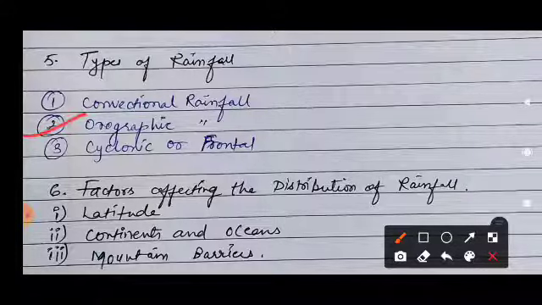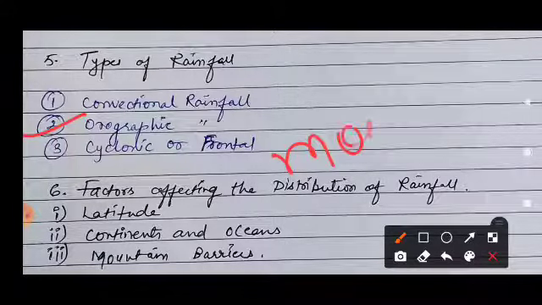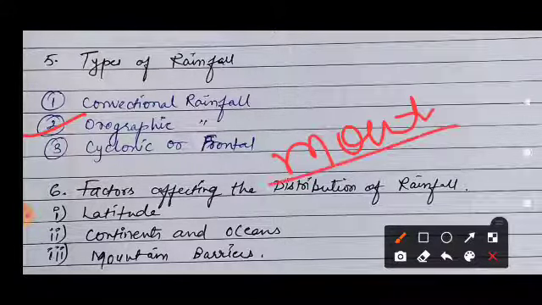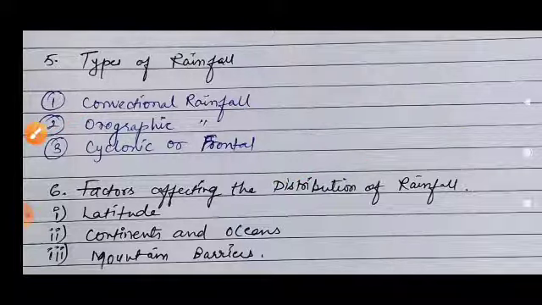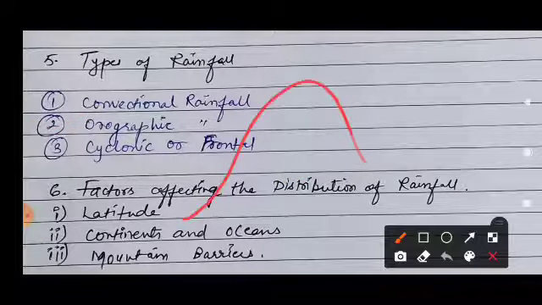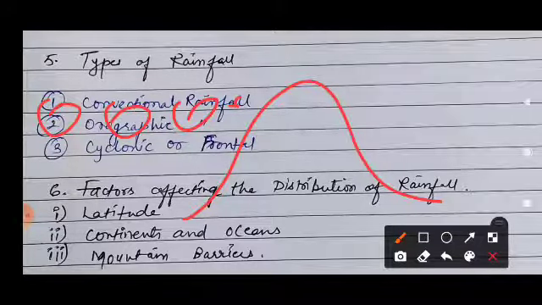Next one is the orographic. What is this orographic? In Greek, oros means mountain. Now understand, this is the mountain. When these clouds come here, they have a certain height, and they cannot go very high, only up to a particular height.